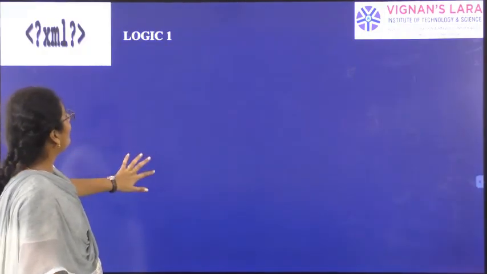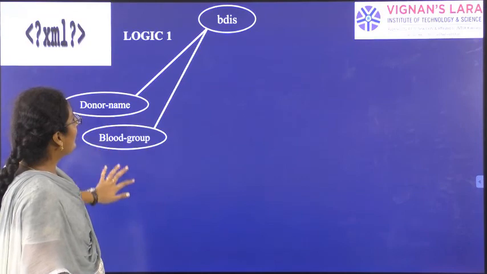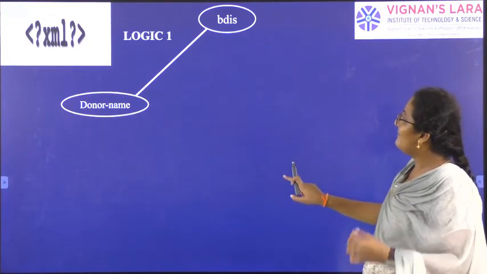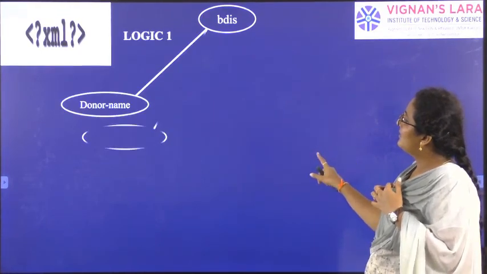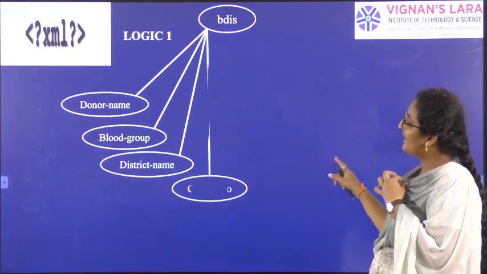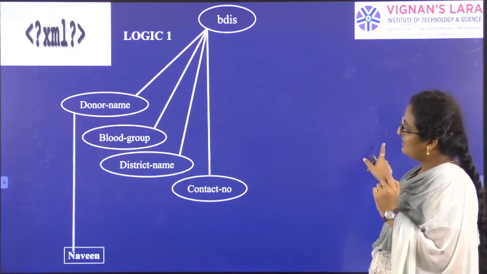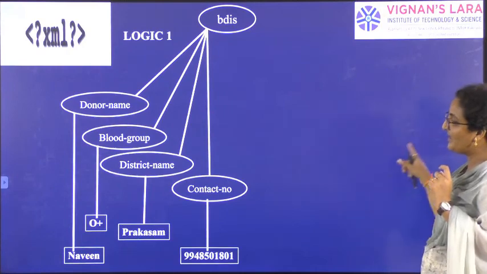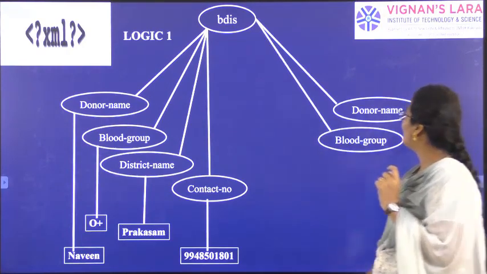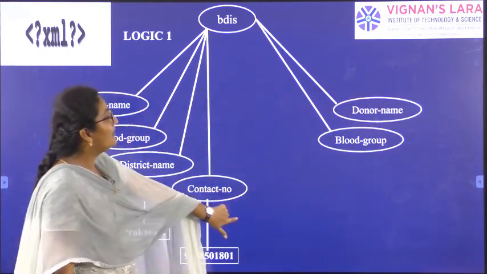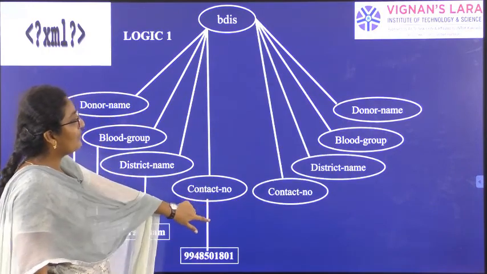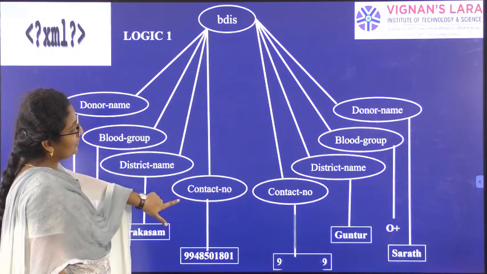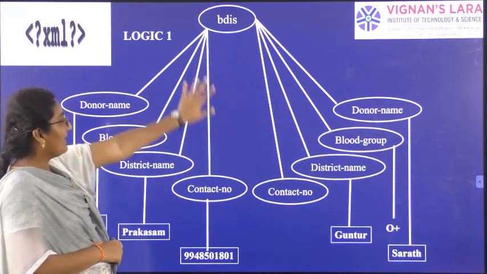Now for this we are going to write the logic. First logic, you can see here: donor name, blood group, district name, contact number. The donor name is Naveen, blood group O positive, Prakasham district, contact number. Again the second: donor name, blood group, district name, contact number. The second person is Sharath with O positive, Guntur, contact number. So this is the hierarchical structure.